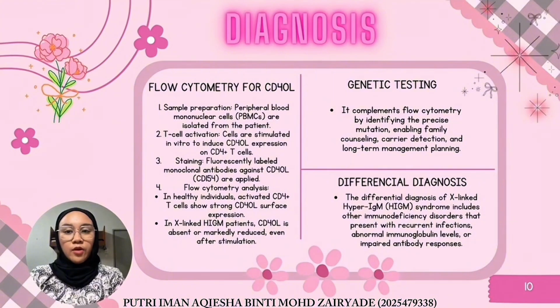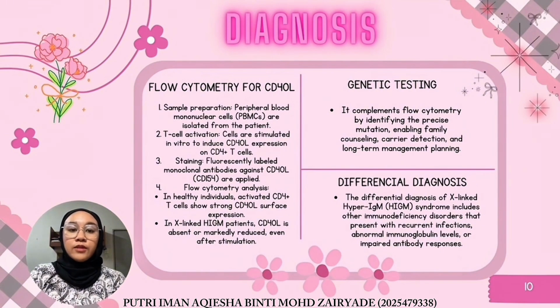And now I will be talking about flow cytometry for CD40L. First of all, sample preparation is conducted, where peripheral blood mononuclear cells, PBMC, are isolated from the patient. Then, cells are stimulated in vitro to activate the T cells and induce CD40L expression on CD4 T cells. And then fluorescently labeled monoclonal antibody against CD40L is applied.